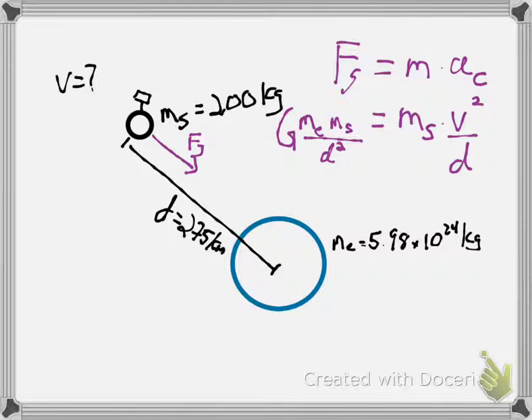And I could cancel some things off here if I wanted to. I could say, all right, the mass of the satellite is the same on both sides, and cross off the distance, and then the square over there. And I can end up with, let's go ahead and move this.